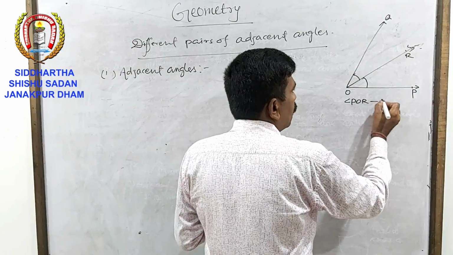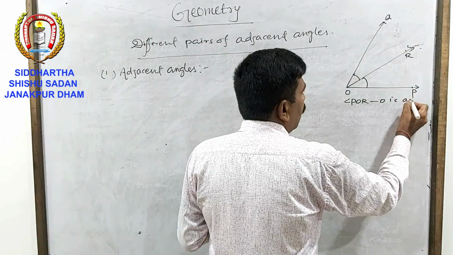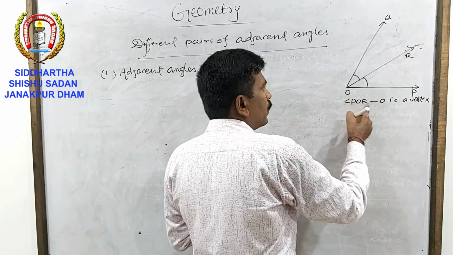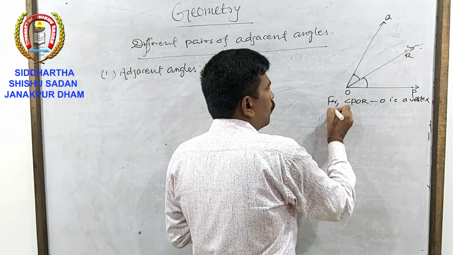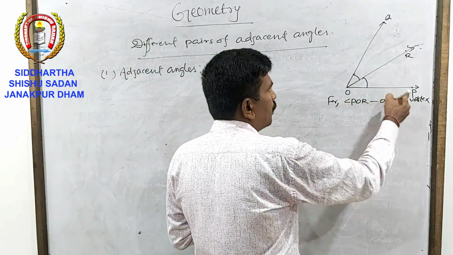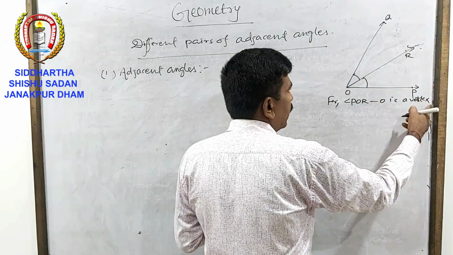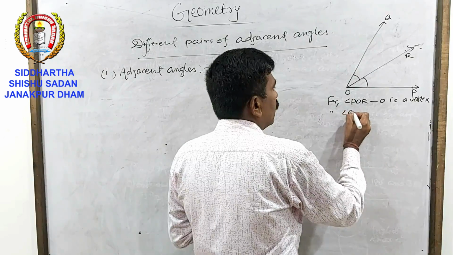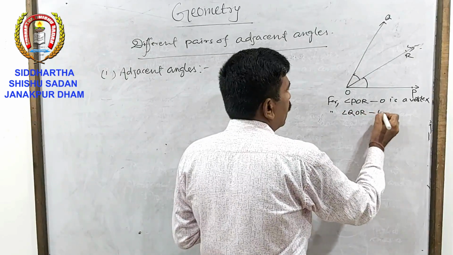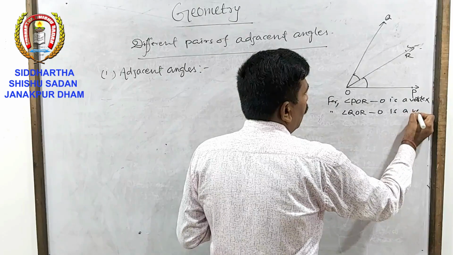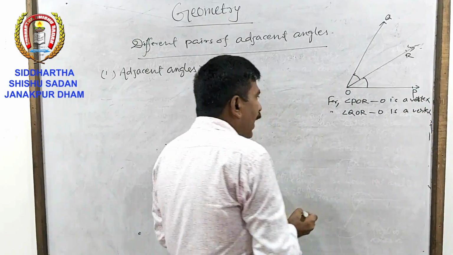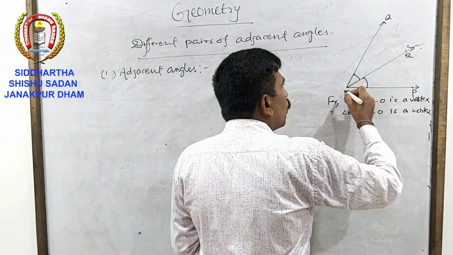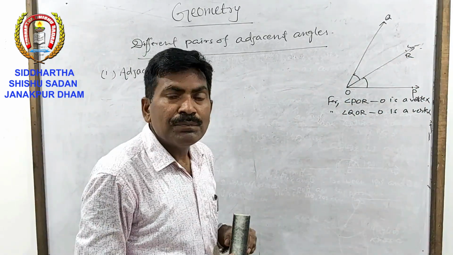What is a? O is a vertex. O, and for angle POR, O is a vertex. Similarly, for angle QOR, O is a vertex, and for the angle POR, OR is an arm.